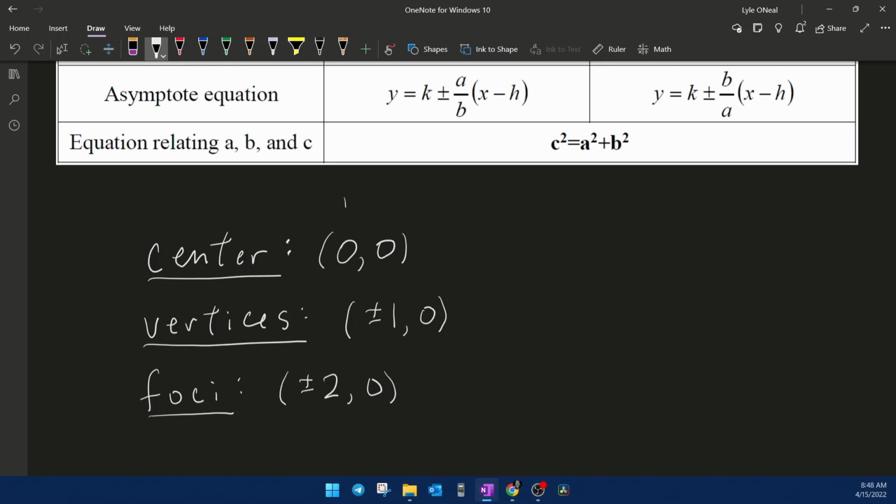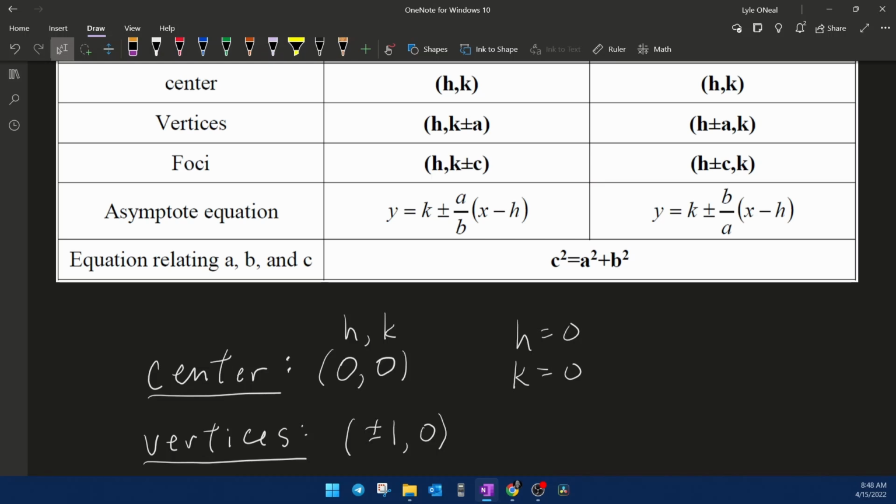Notice that the center for either transverse axis is the ordered pair h, k. So from that we can determine that h is 0 and k is 0. If we scroll up and look at the formulas, notice that the vertices are h plus or minus a, k.